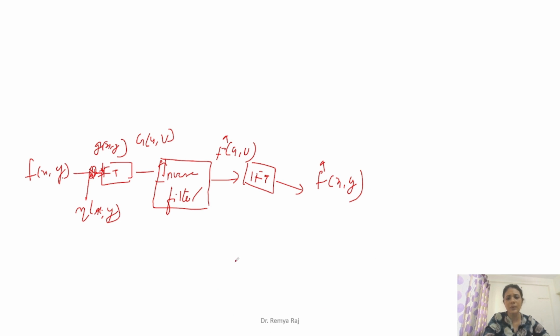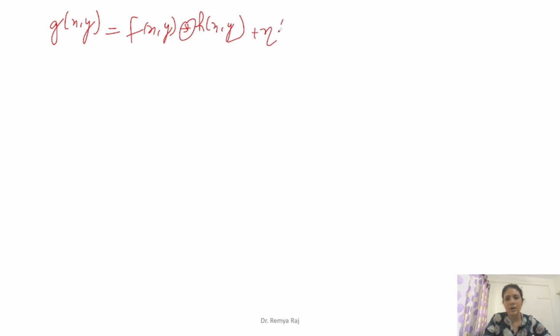Now from this we can write, and I'll go to the derivation in the next slide. g of x comma y is equal to f of x comma y convolution h of x comma y, plus eta of x comma y.